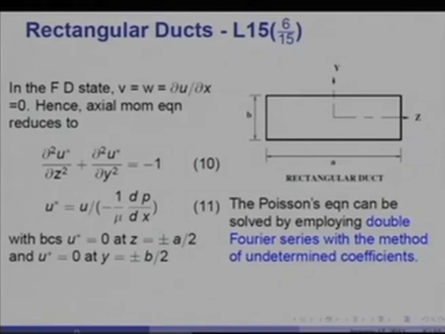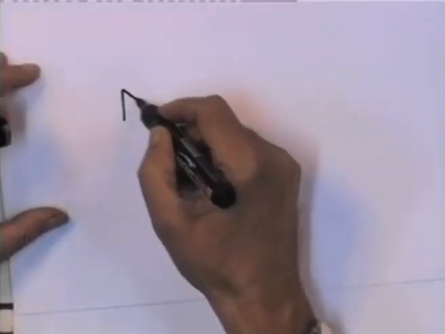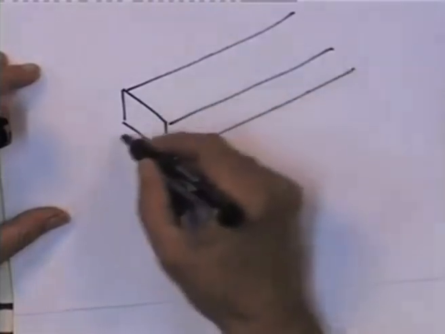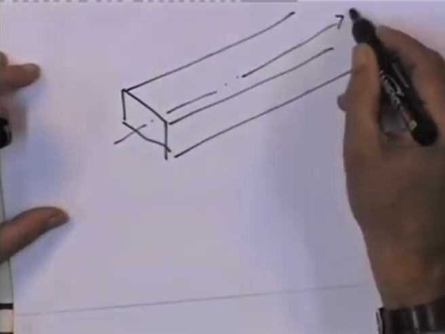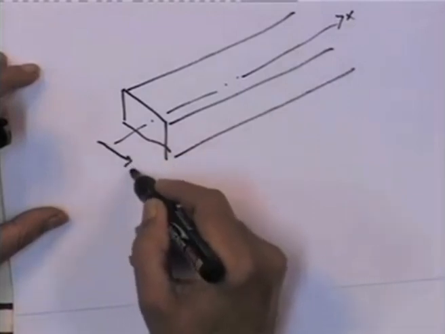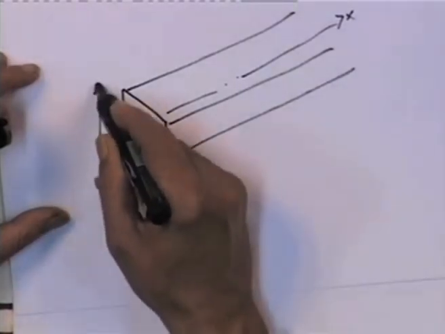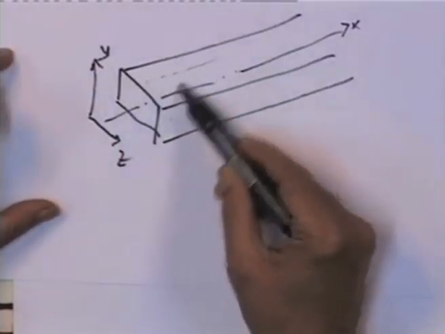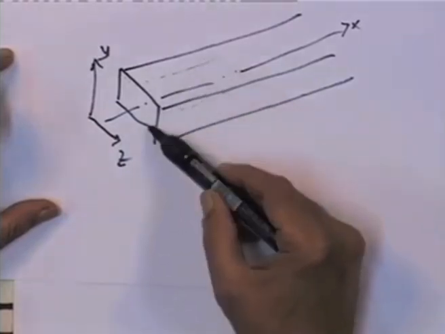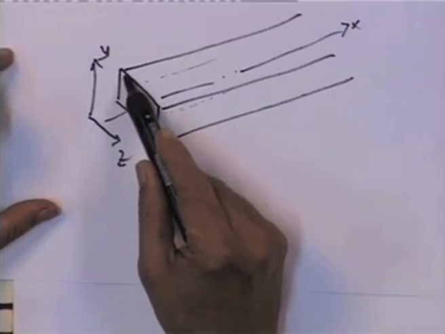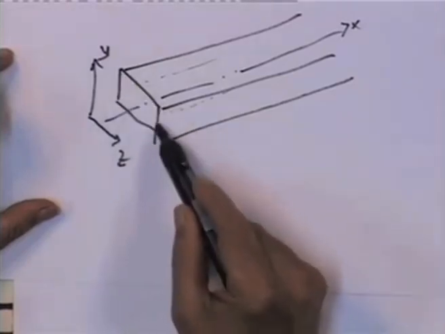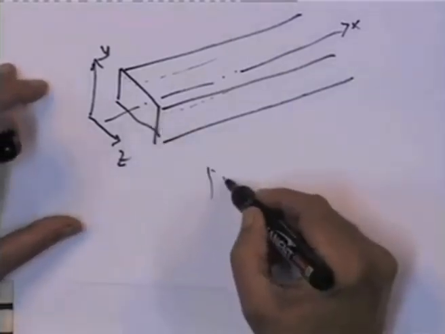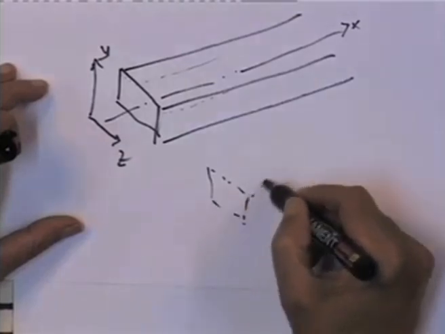Now, in this case, you will appreciate, if I have a rectangular duct like so, with this as the symmetry line in the x direction, and let us say this direction is z, this direction is y, then the boundary layers will develop on the y max and y 0 walls, as well as on z equal to 0 and z equal to z max walls, and therefore, I would have a structure of boundary layers growing like so.